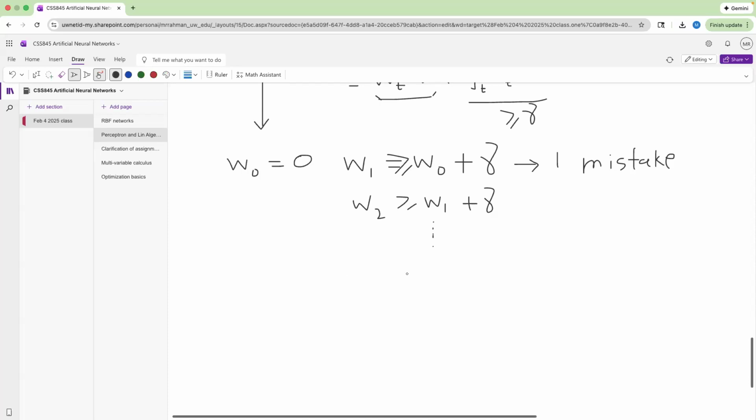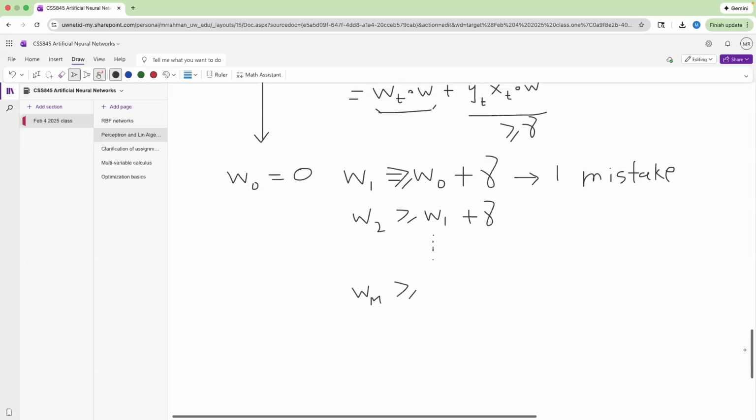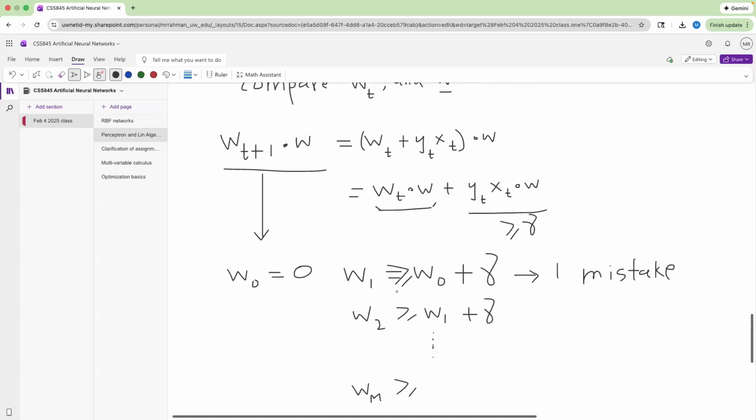Let's say you run this m times for m mistakes. Sorry, this is W1, this is actually all times W. Okay, I missed the dot product.